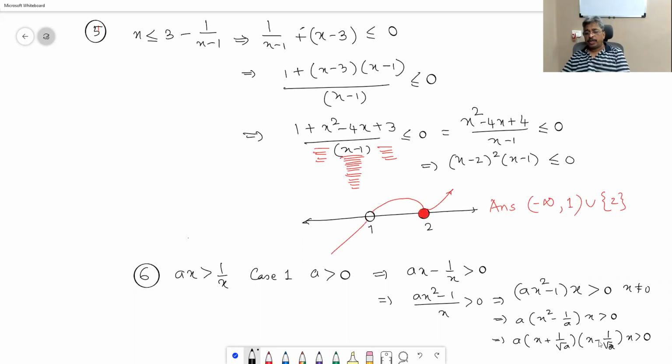So we have got these factors now. Since a is positive, I think we should be able to deal with it. Shall I write the solution set in this case?